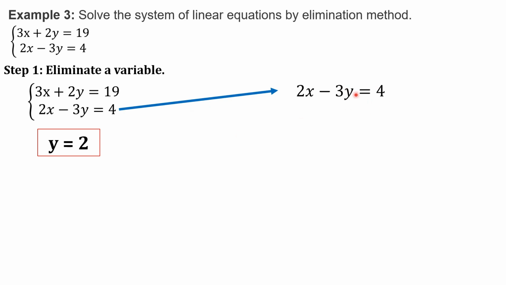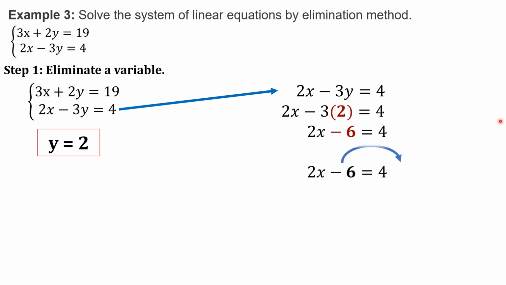Change the variable y into 2. So we'll have 2x minus 3 times 2 equals 4. Then solve. So 3 times 2 will give us 6. Then after that, leave x because we are solving for x. Therefore, we will transpose this negative 6 to the other side. Negative 6, when you transpose, will change sign and it will be positive 6.